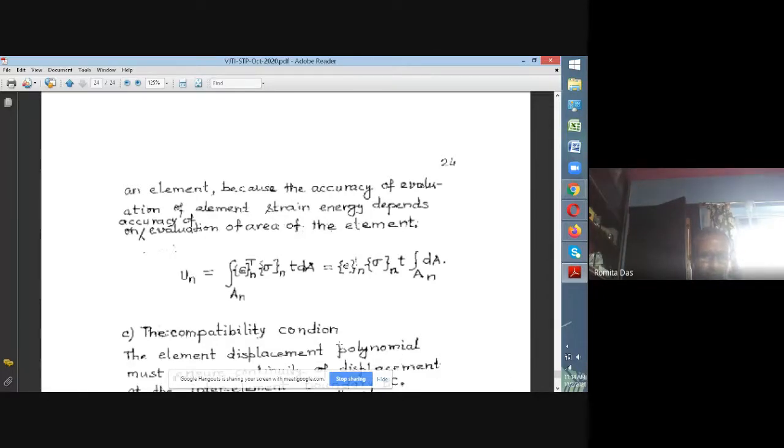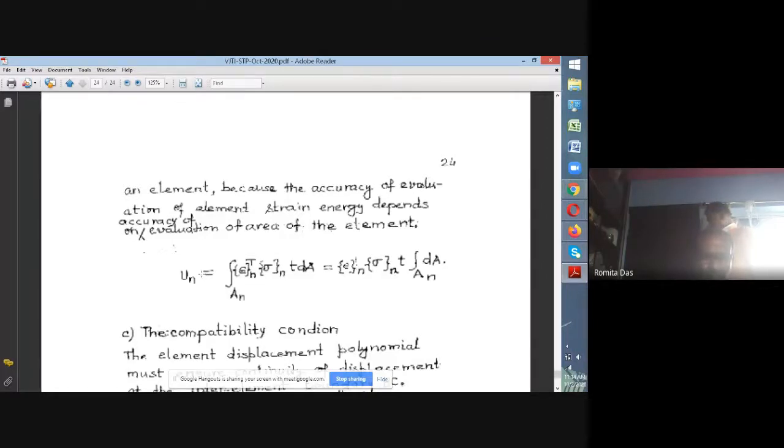See, the total strain energy is nothing but the integration of epsilon transpose multiplied by sigma dA. When you try to do this integration, if it is a constant strain condition, then the epsilon terms will become constant, and stresses will be constant.